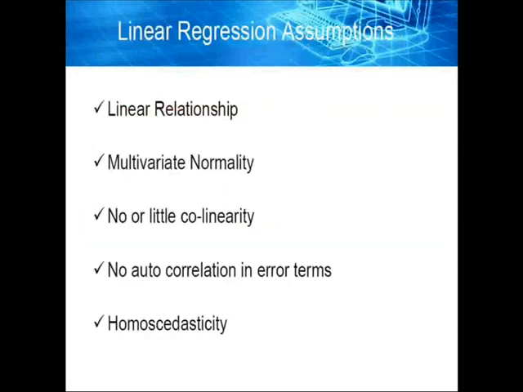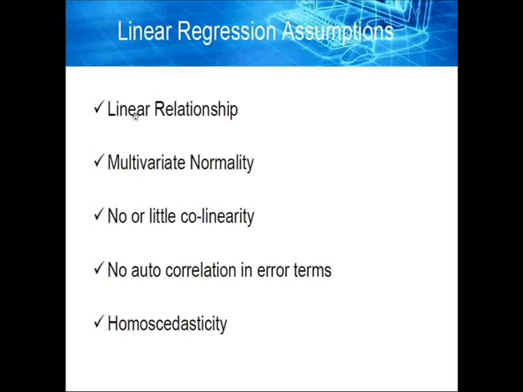When we want to design this linear regression model, we have to consider some assumptions. That is, we want to make sure that these conditions are satisfied, as they are compulsory. First, a linear relationship. As the name indicates, it is linear regression.